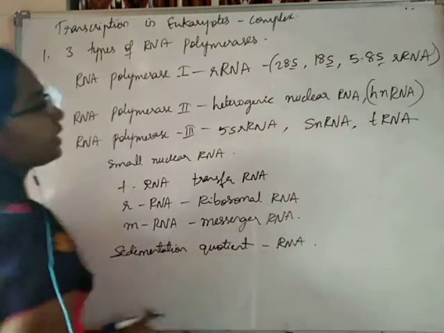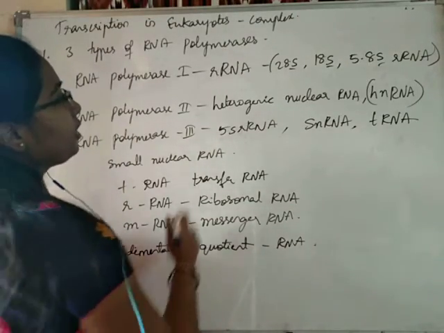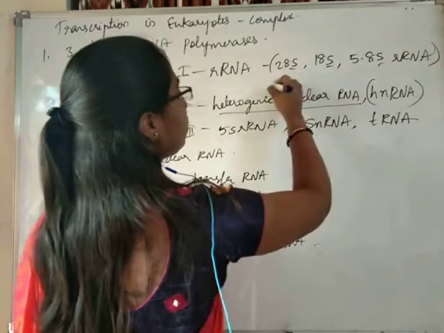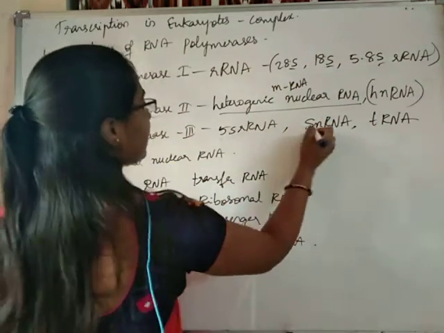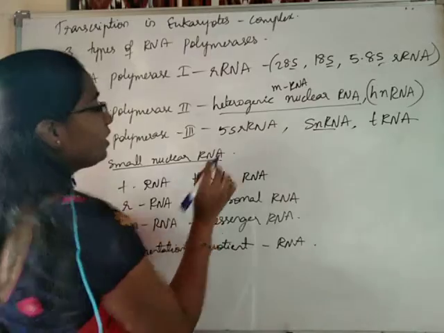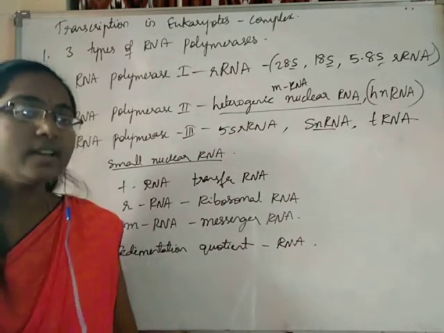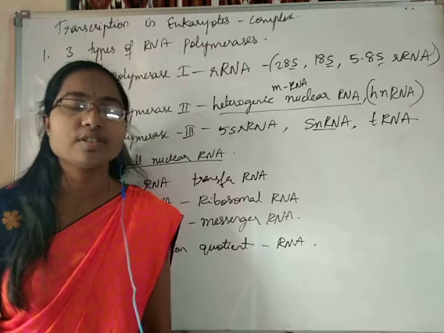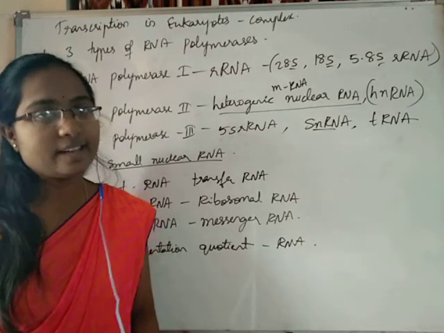And heterogenic nuclear RNA, I told you, is an immature non-functional mRNA. snRNA, small nuclear RNA, is another type of RNA which is not involved in the formation of proteins, but has some regulatory functions inside the cells.